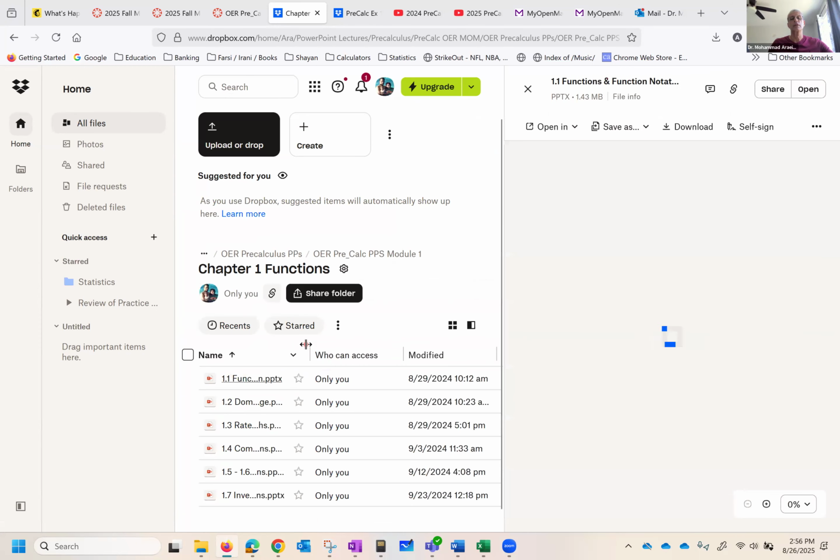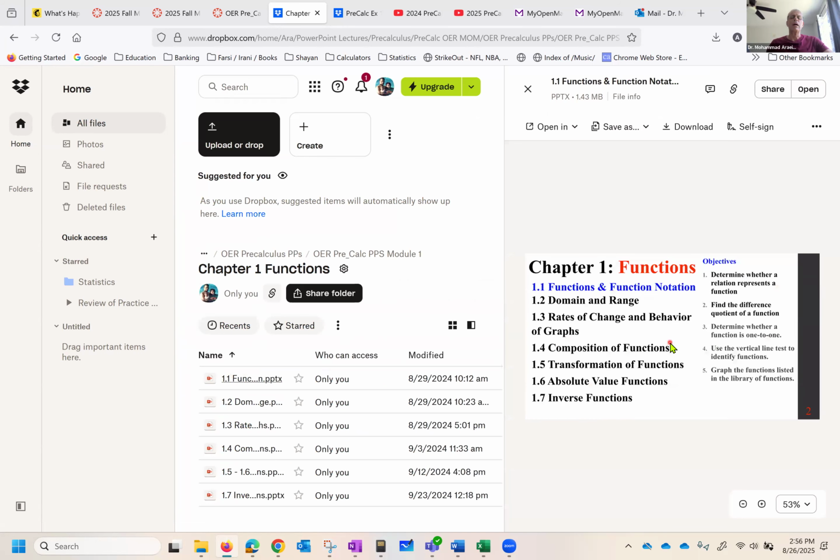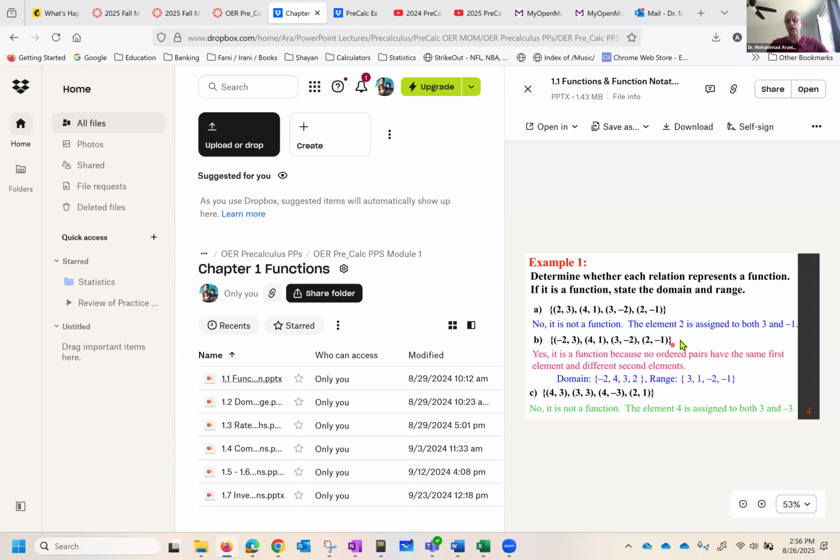If you click on it, that would be the PowerPoint. All PowerPoints are set up in such a way that if you put them in slide mode, you don't see the entire page like this, especially when it comes to examples. You just see the question. You think about it, you answer it, and then as you arrow down, as you enter, you go to the next one and the next one. So it does the job step by step.